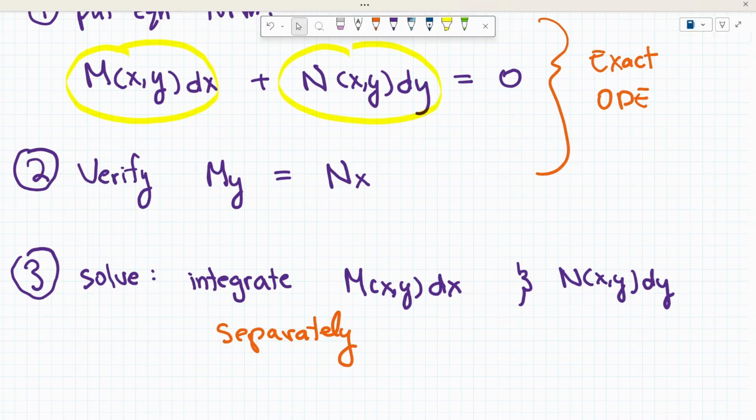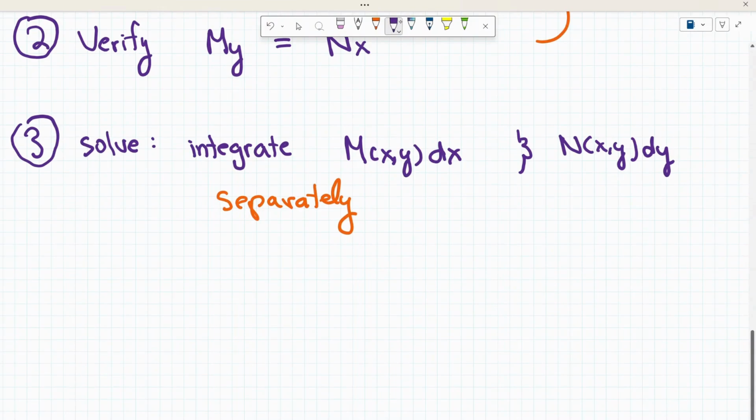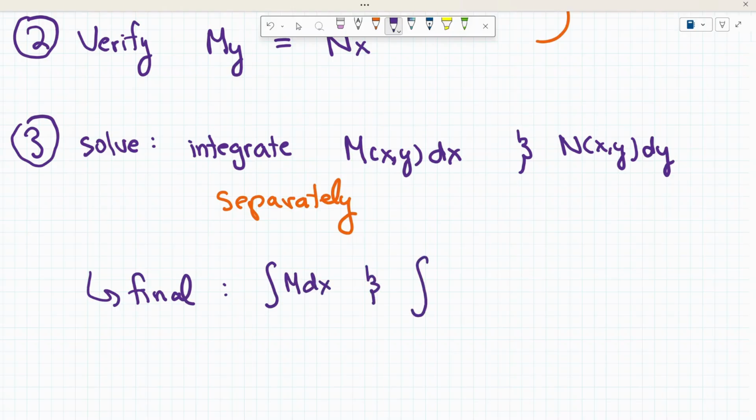So essentially, by integrating these separately, it allows us to find our potential function f of x, y, which is our solution. Okay, so that's where this ties back into our definition number 1. So we integrate both of these separately, and our final answer here is going to be the combination of both of these integrals. So we'll have the integral of our M dx, and we'll have our integral of N dy.